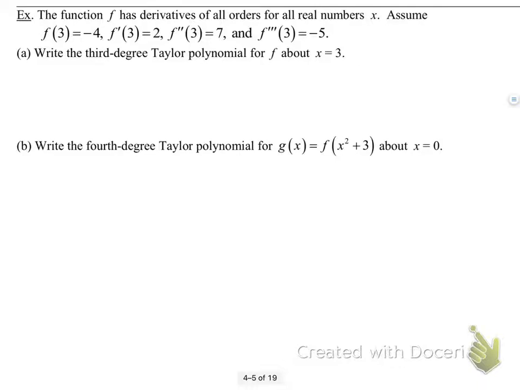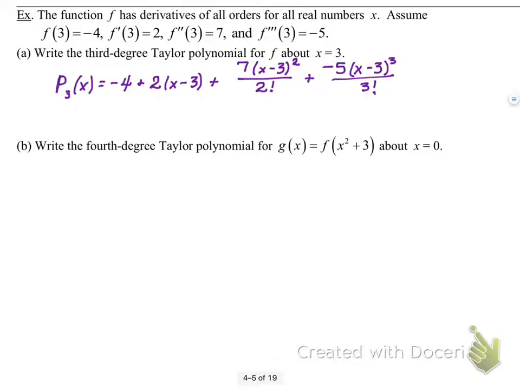So use that same formula that we used on Monday, the whole Taylor polynomial series formula. We're going to have our Taylor polynomial right in front of us, and then we're going to tweak it, which is something they expect you to be able to do very quickly on the AP exam.